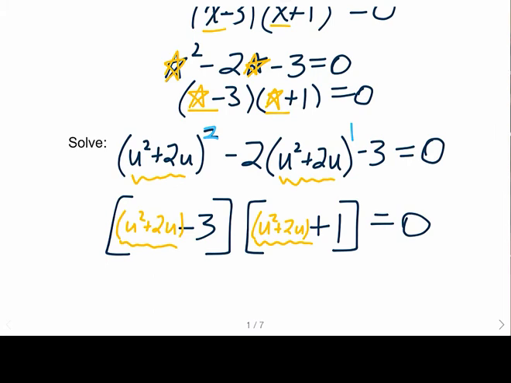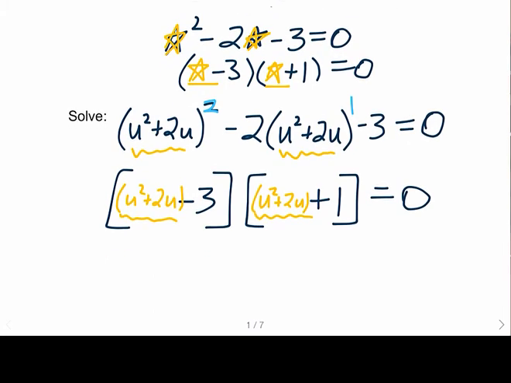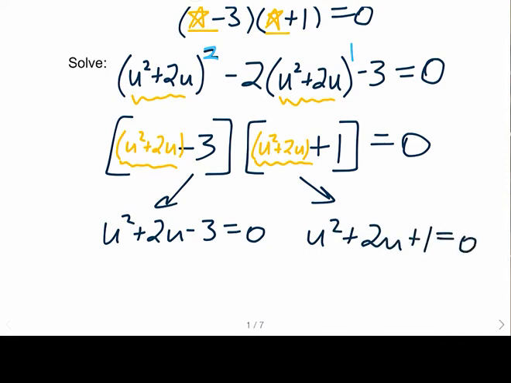Now what I have is two factors that are multiplied together to give me 0. And so I'm going to set each of these equal to 0 in turn. I notice the parentheses actually turned out not to be necessary. And we have u squared plus 2u minus 3 is equal to 0. And then u squared plus 2u plus 1 is equal to 0.